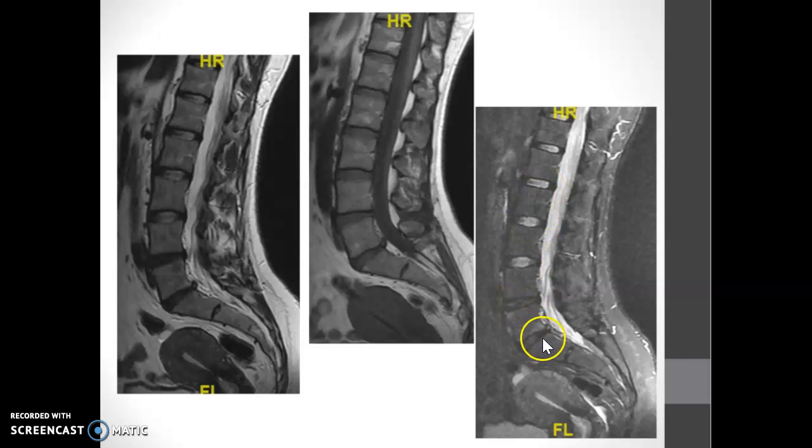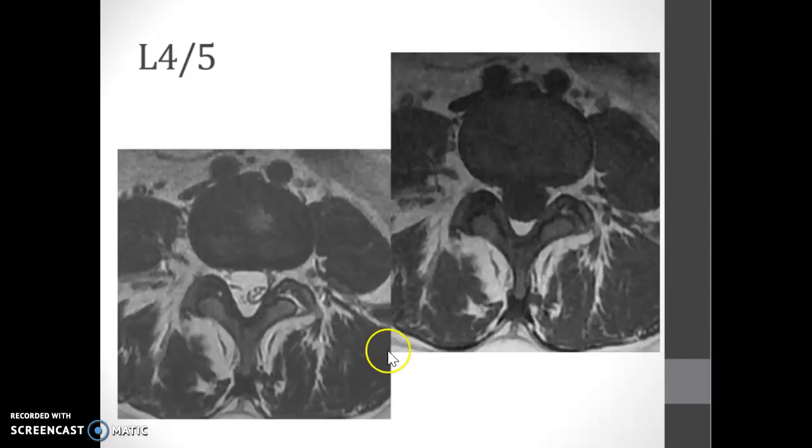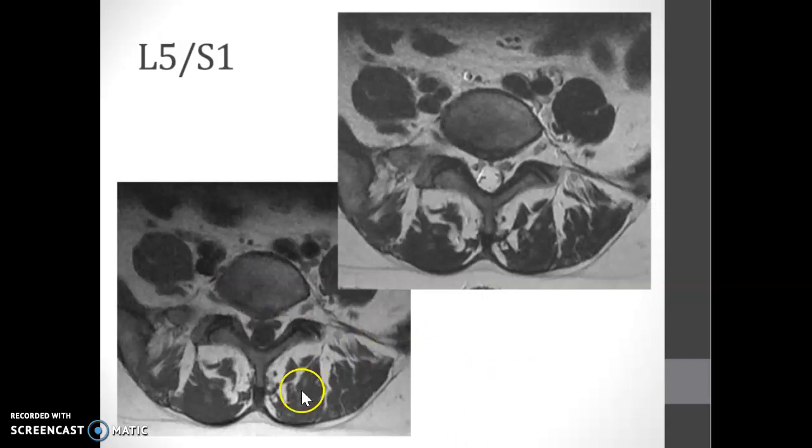So the difference is down here, L4, L5, L5, S1. Looking at the sequence here, looking at the spinal cord, are there any compressive factors at L4, L5? And then L5, S1, can you see any compression within the spinal cord itself?